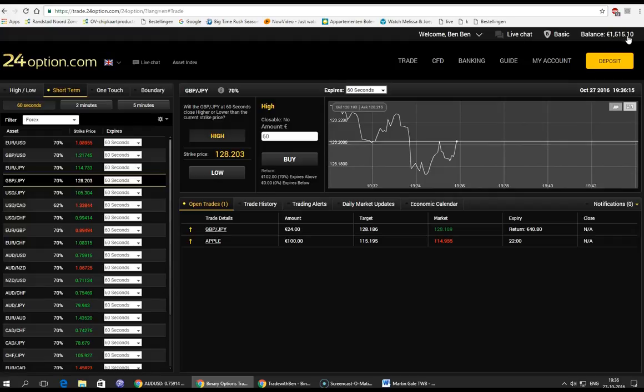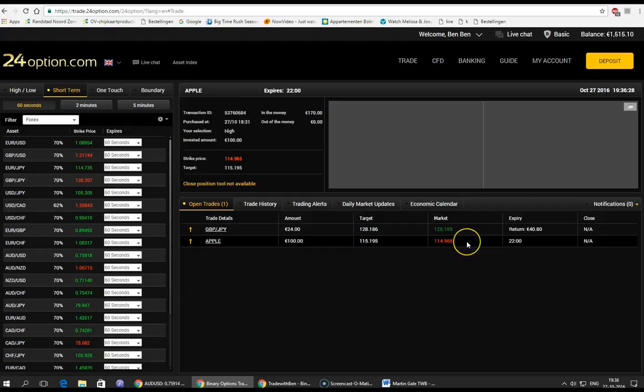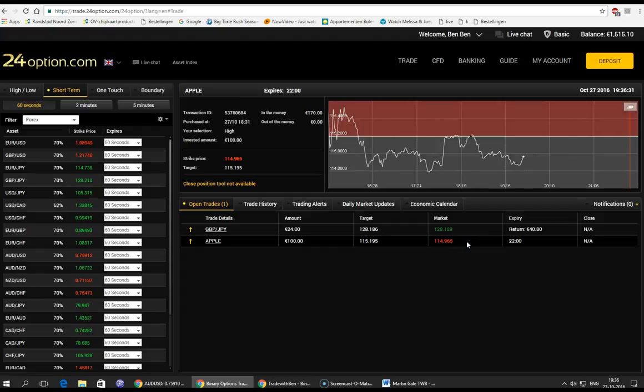1,515 euros. We made 265. Well, no, let's calculate the Apple deal with it because Apple is going up very fast right now. Let's see. We have enough time for Apple to recover.